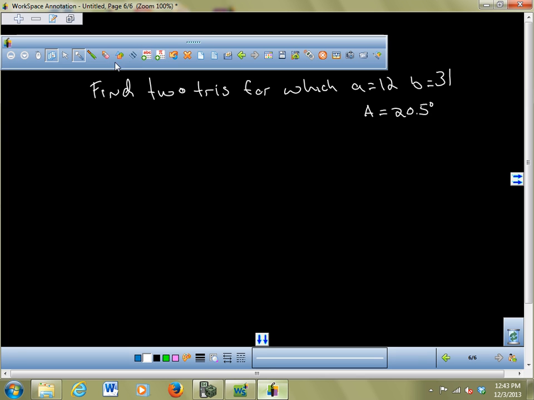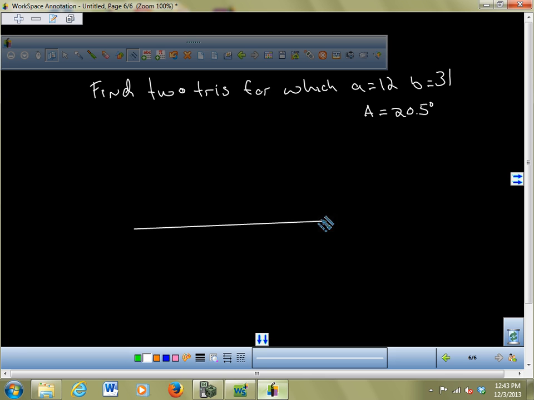Right? So again, draw your picture. Well, can you see that? No. Not very well. We're going to have to change that color. I can do that. We can change it to red. Okay, so green backboard. Fine. I don't know if I like this.